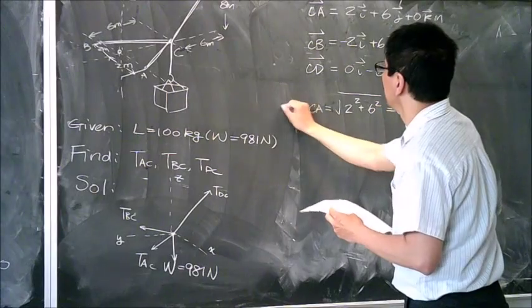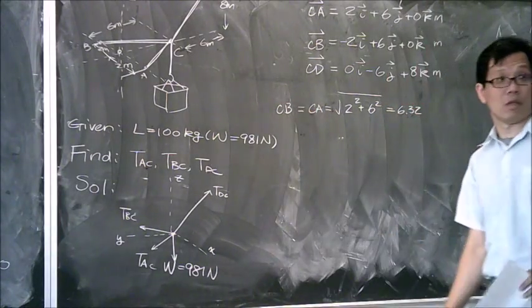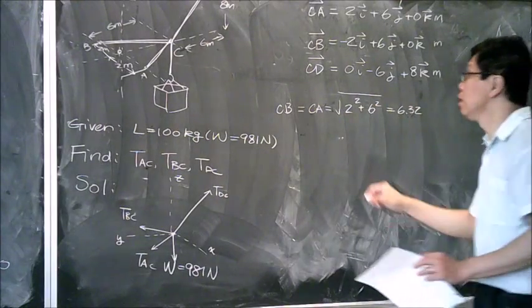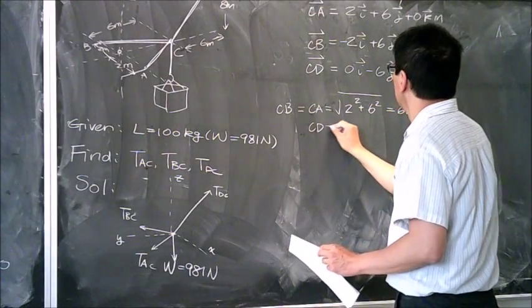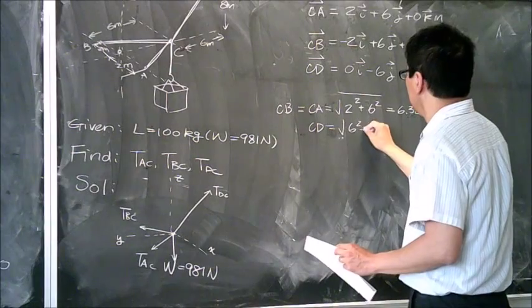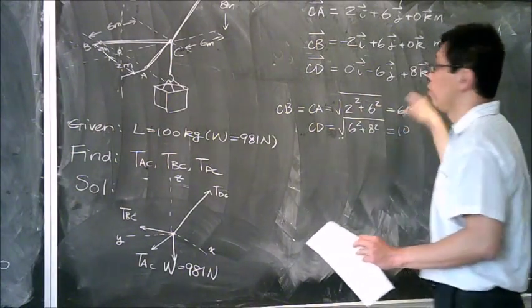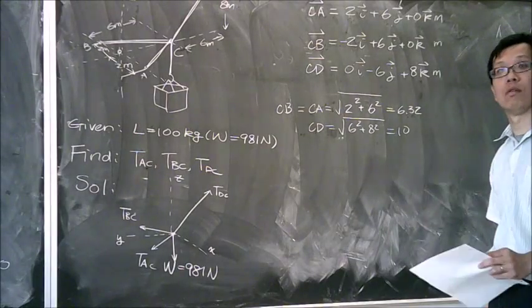This is actually the same as CB because they are the same numbers. I'm not going to write it down again. So CD equals square root of 6 squared plus 8 squared. So there's 3, 4, and 5, so it's going to be 10.